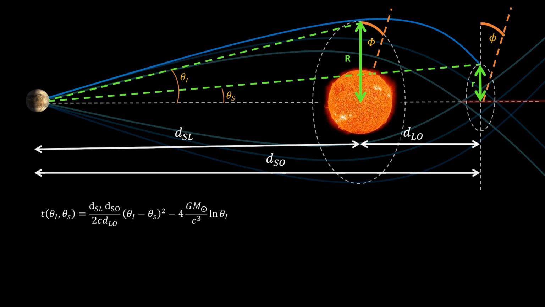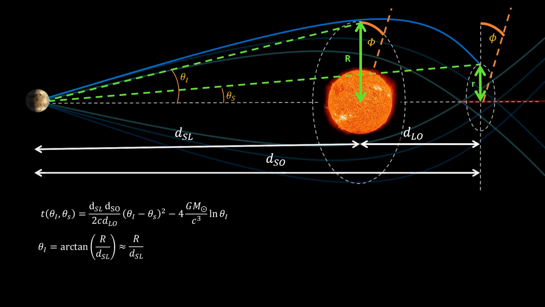Using the tangent function, we can replace theta I by the arctangent of capital R, the distance of the light ray from the center of the Sun, over the distance dsl between the exoplanet and the Sun. In reality, the distance dsl will be a very large distance compared to R, so the angle theta I is very small. Therefore, we can even say theta I is approximately R over dsl.